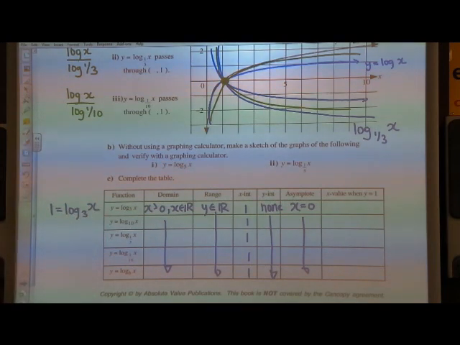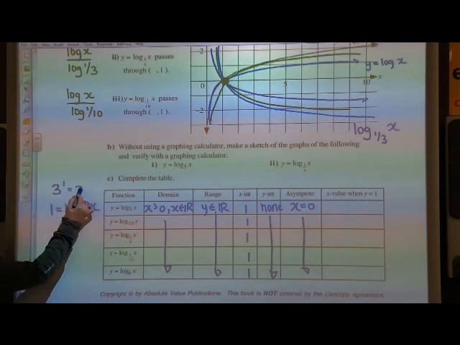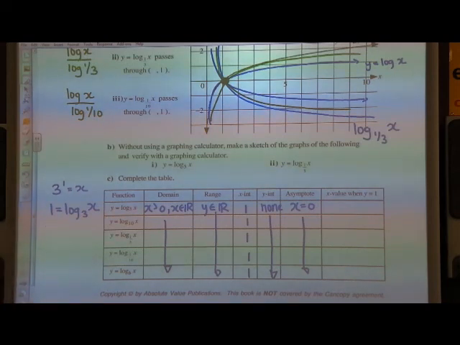So if I have 1 equals log base 3 of x, to solve that I can rewrite it into exponential form. So base 3 to the power of 1 equals x, and what would x equal? 3.